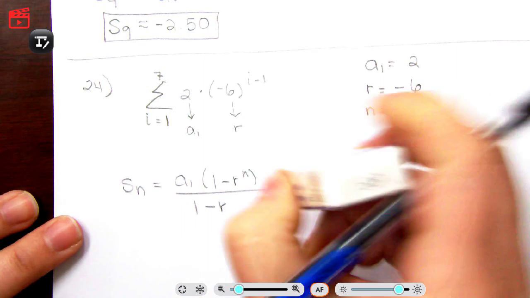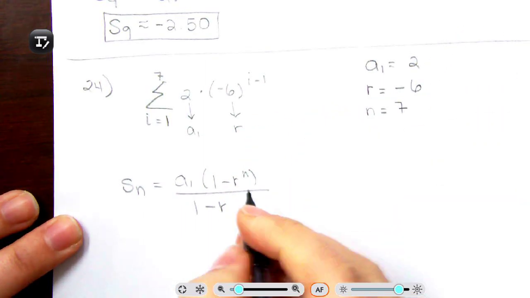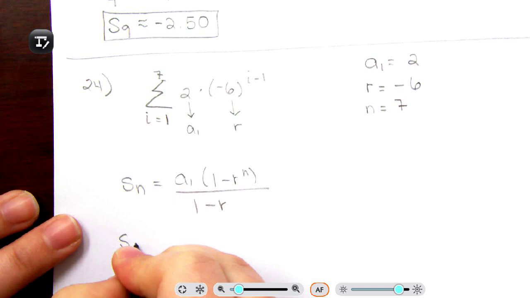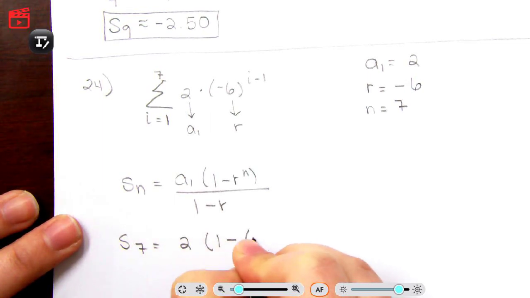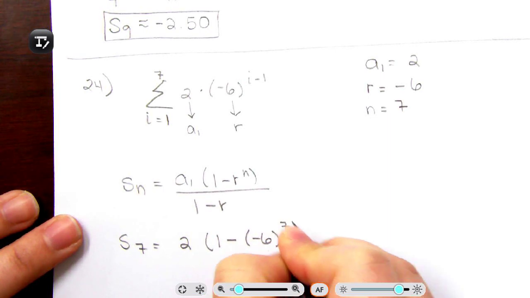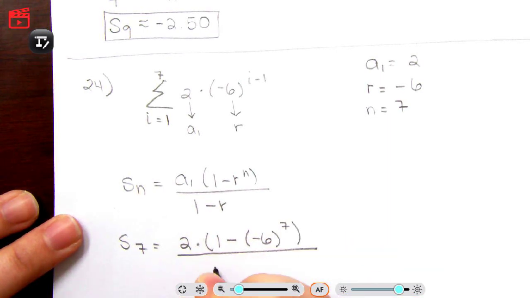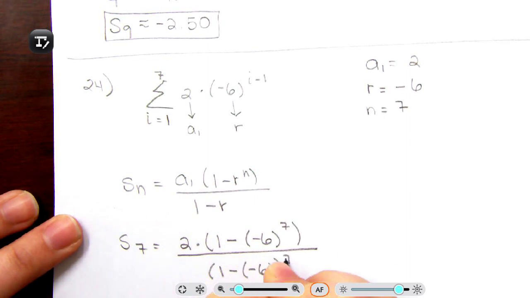So we have S sub 7 is equal to 2 times 1 minus negative 6 to the 7th power, all divided by 1 minus negative 6 to the 7th power.